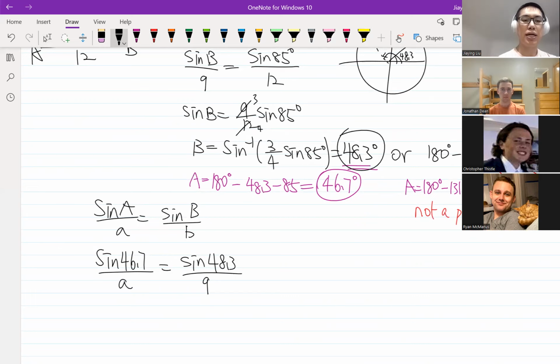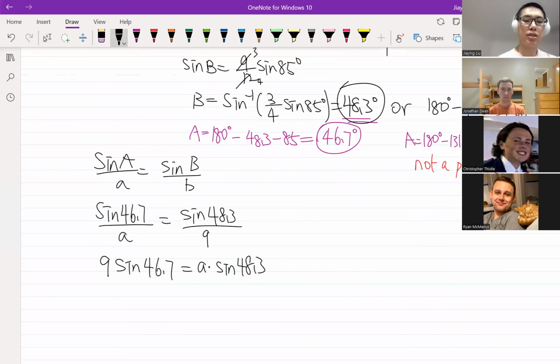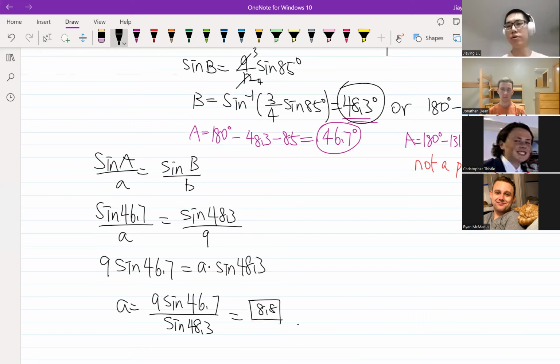So cross multiply. We get 9 times sine 46.7 equals a times sine 48.3, divided by sine 48.3. So we get a equals 9 sine 46.7 over sine 48.3. That's going to be 8.8 if we put it in the calculator.